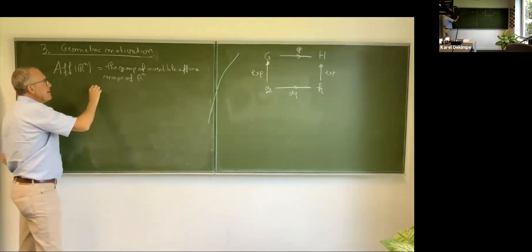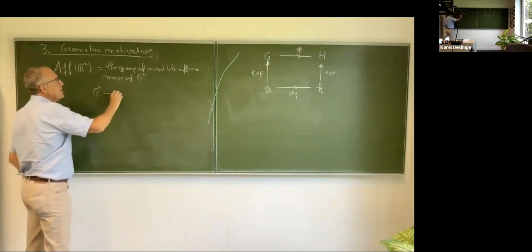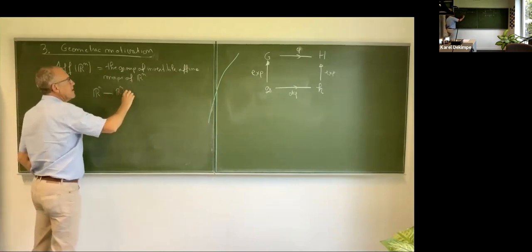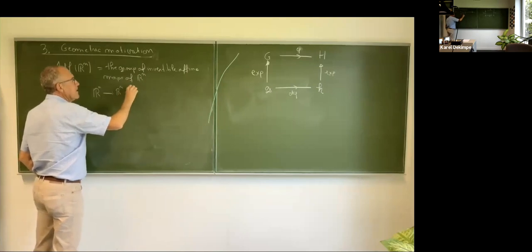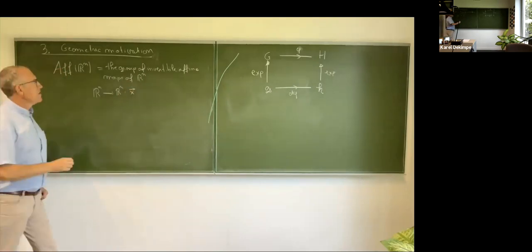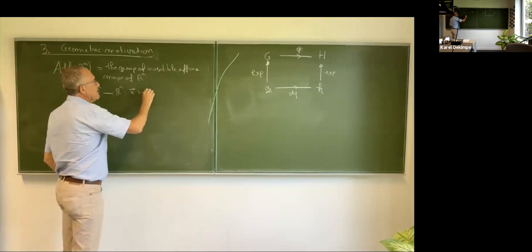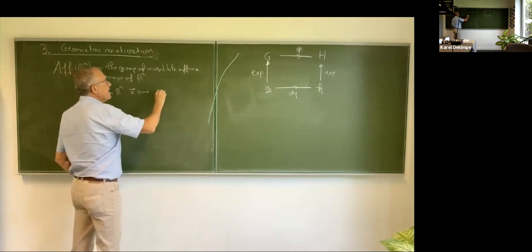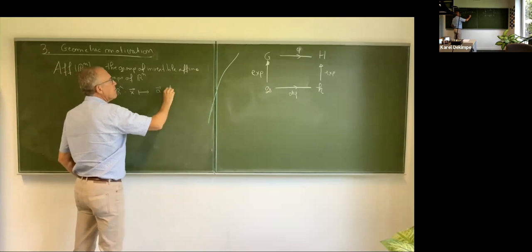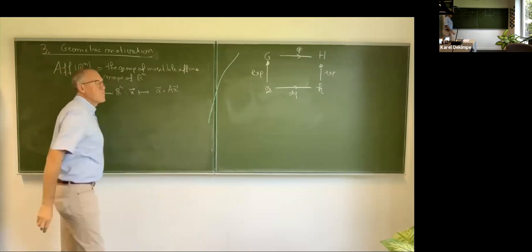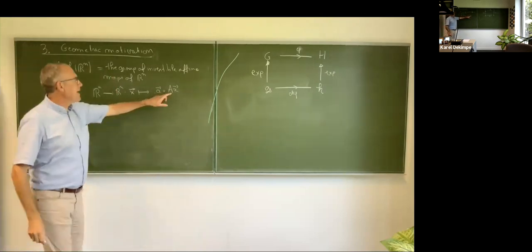Such a map goes from Rn to Rn and takes, let's say, an element, let me denote it by a vector x, and sends that to the translation part a plus a linear map A acting on x.